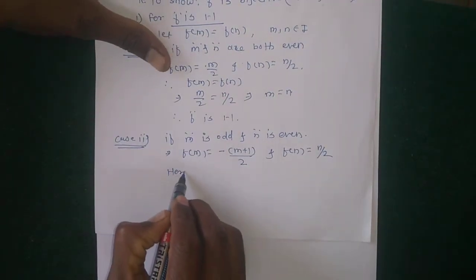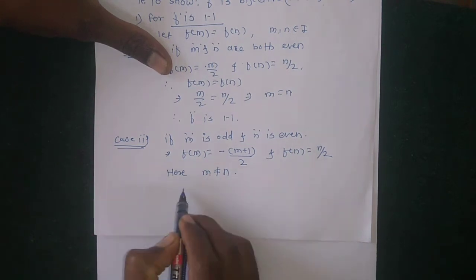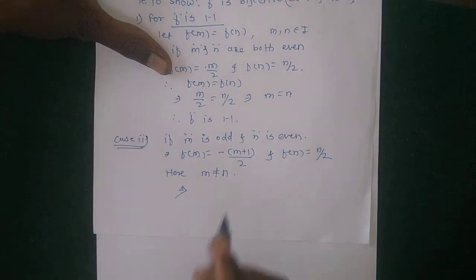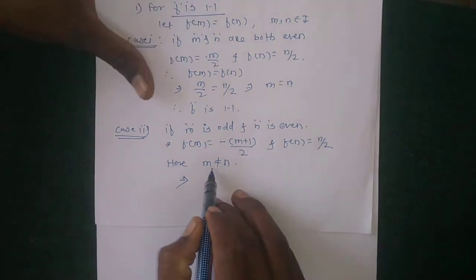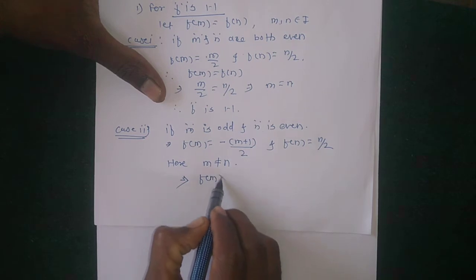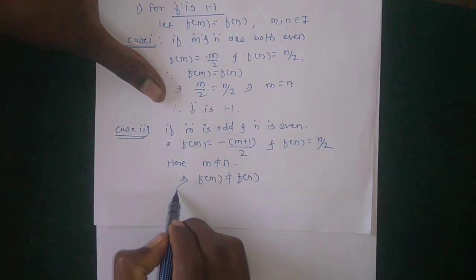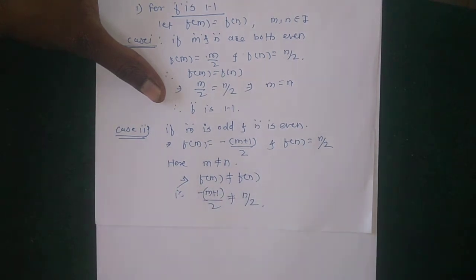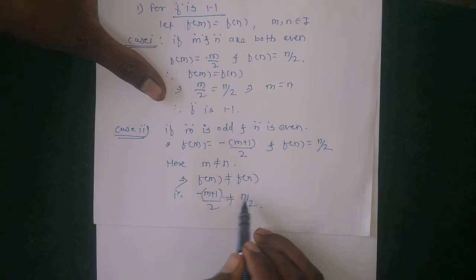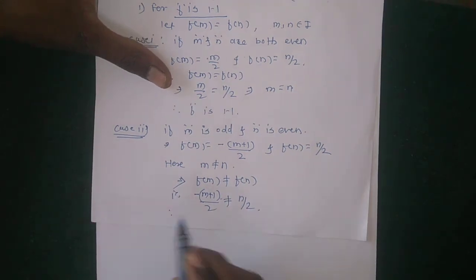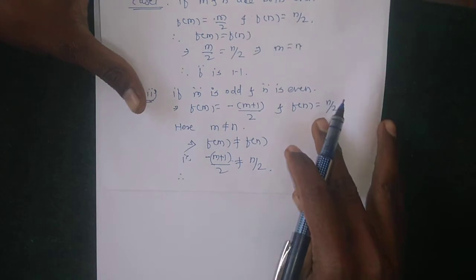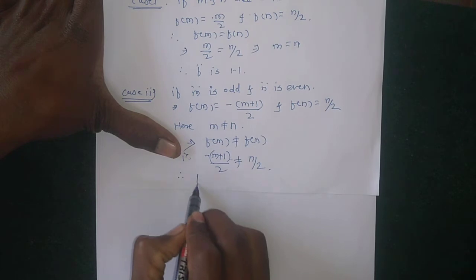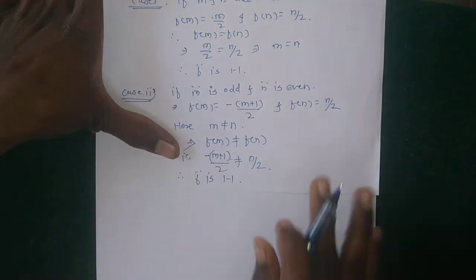Here m is not equal to n, then by the second definition of one-one, their images are also not equal. That is, minus m plus 1 by 2 is not equal to n by 2. These both images are different, and so by the definition of one-one, f is one-one.